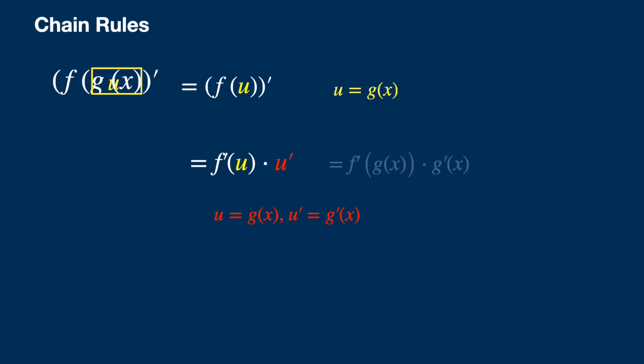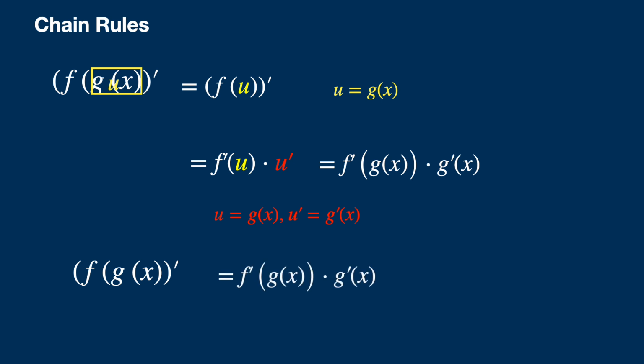So this is going to be f prime of g of x times g prime of x. For the derivative of f of g of x, you identify the inside function, take the derivative f prime first, then you multiply by the derivative of the inside function. That's the chain rule.